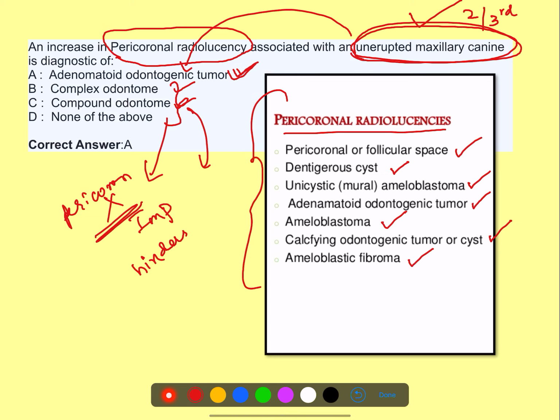So this non-vital option is not right, and here the vital central incisors you can see, and in the last option they gave that it is always surrounded by a well corticated margin.